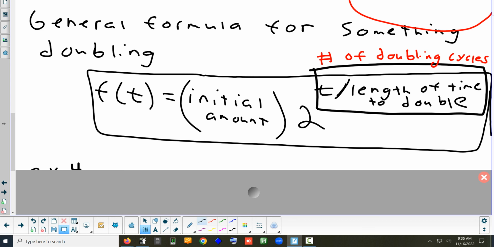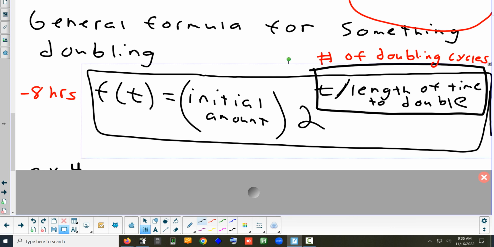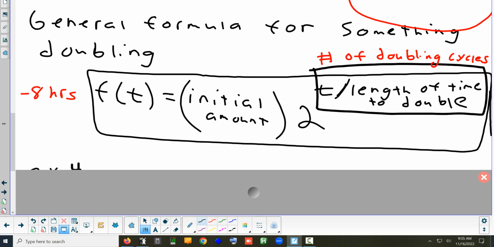So if I said to you, we have something like, say, bacteria, and it doubles every 8 hours. If something doubles every 8 hours, how many times will it double in a day? It's not 8. We can't put an 8 as this exponent, because 8 would mean it's doubling 8 times.